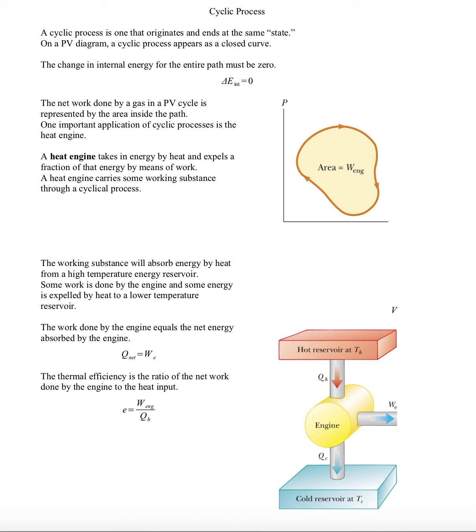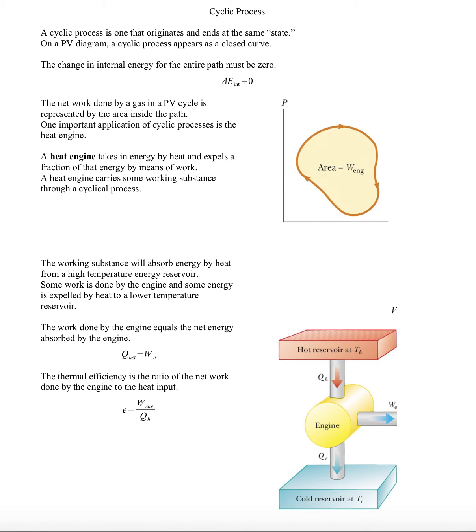Whenever the gas comes back to the original state that it was in, the change in internal energy for that gas is zero. The gas goes back to the same state it was in originally. However, the net work that's done in the cycle is represented by the area inside the path. That's the work that really gets transmitted to the vehicle.